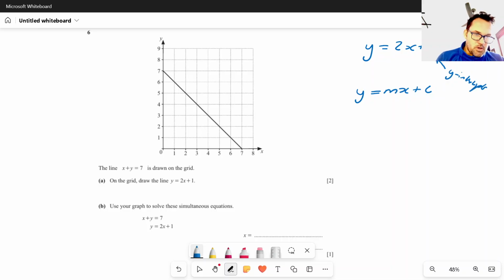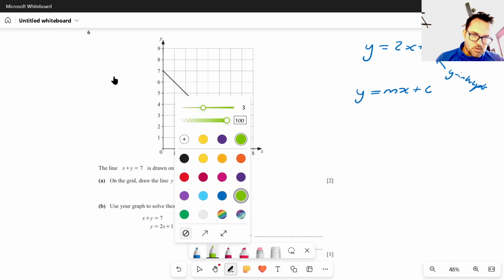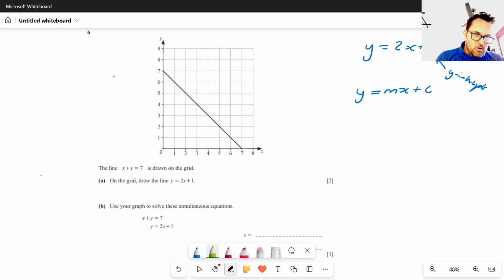Which means we know that that line, always use a pencil for this. Alright, my pencil is green. On there, use a pencil that is going to go through 1. Then we can do the 2, which is the gradient. Remember, gradient is always the change in y over the change in x.